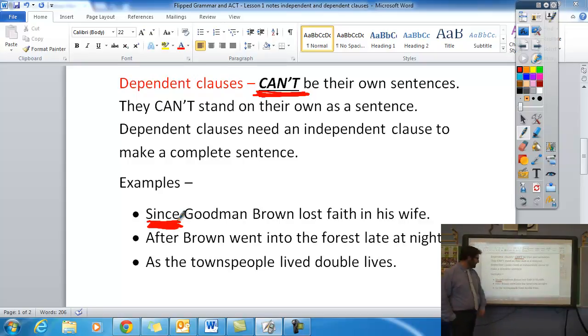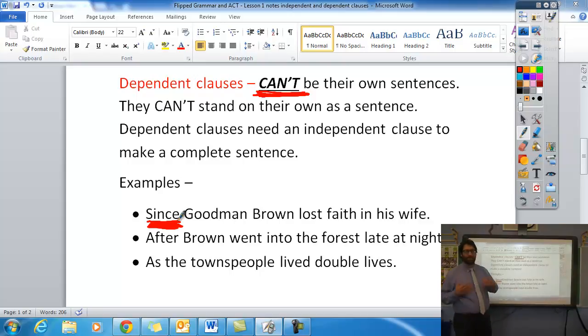Same thing here with the next one. After Brown went into the forest late at night. If I just wrote that in my paper, you'd expect me to continue that thought, right? Well, what happened after Brown went to the forest late at night, right? Let's look at the next one.